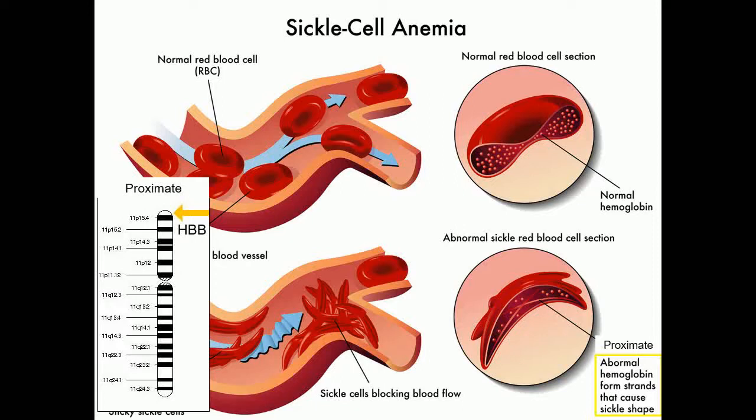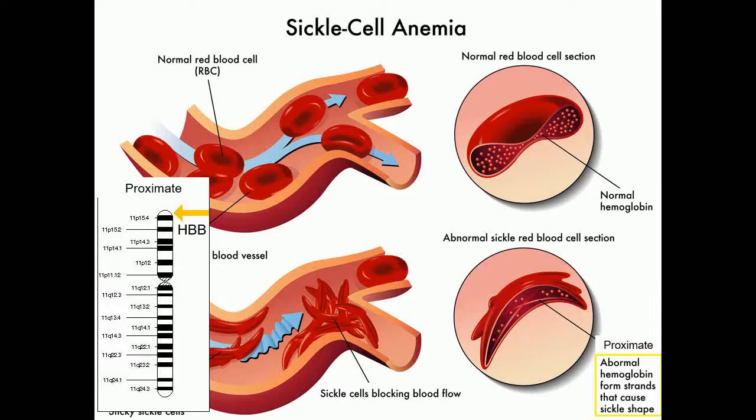But the ultimate question is, why does this exist in humans? It seems like there should be natural selection against this gene, because it causes bad health outcomes, so why has it persisted? The cool thing is that, as everybody knows, I hope, you have two copies of every gene, one from each parent. It turns out that for sickle cell anemia, this bad thing only happens when you have two copies of the bad gene.